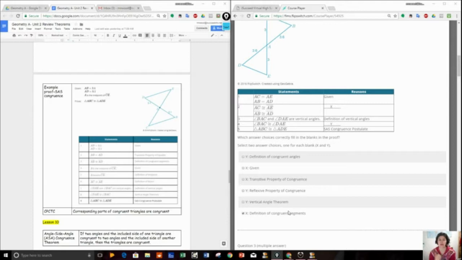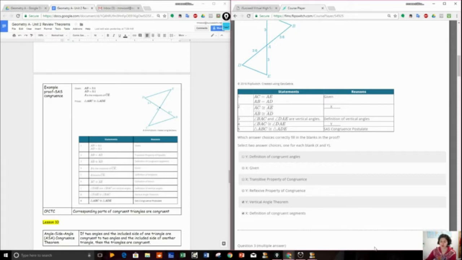So even though I did not have the vertical angle theorem in these notes right now, I can, by using the example proof, know with surety that the reason is the vertical angle theorem because I was comparing those two steps that are set up the same in our proof.